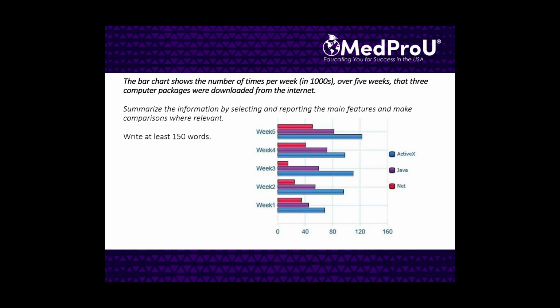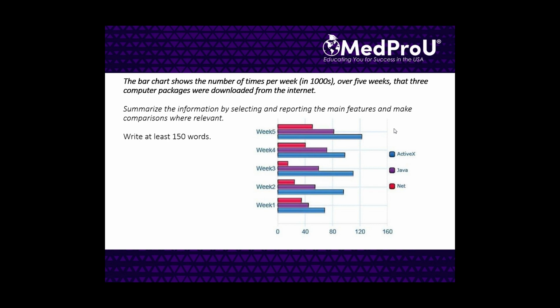So now, again, we are now on the overview. What should be the highlight? What is the most downloaded package according to the bar chart? As you can see, which one is the most downloaded?